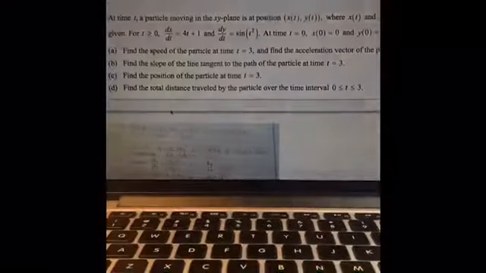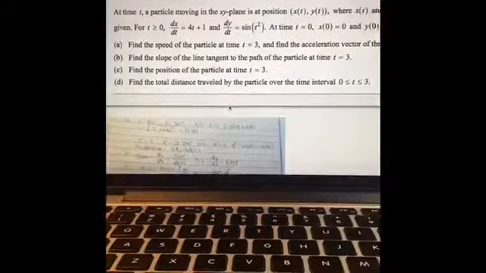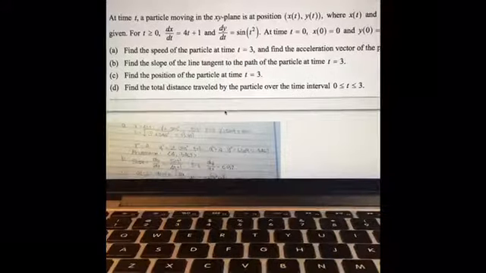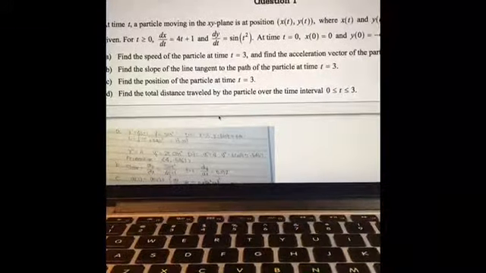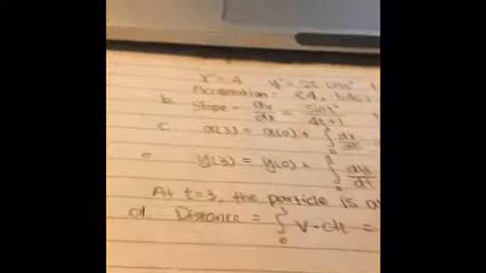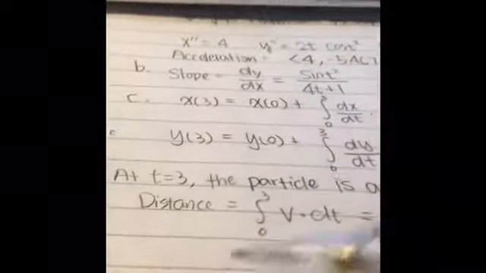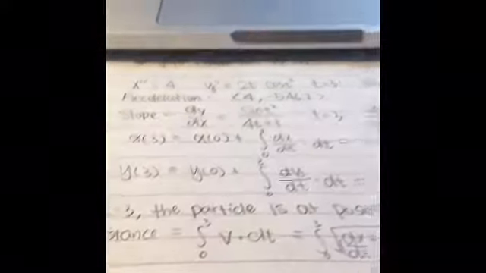D, find the total distance traveled by the particle over the time interval 0 to 3. To find the distance traveled by the particle, we can use the integral of the velocity, and we know the integral limits are 0 and 3. So here, distance will equal the integral from 0 to 3 of v times dt.